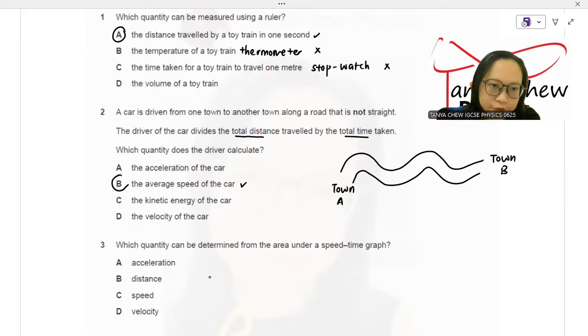So B is the answer. Acceleration is the change in velocity, final velocity minus initial velocity per time taken. Kinetic energy is half multiplied by the mass of the car multiplied by the speed of the car squared. And velocity of the car is the change in displacement per time taken. So that is why the answer is B.